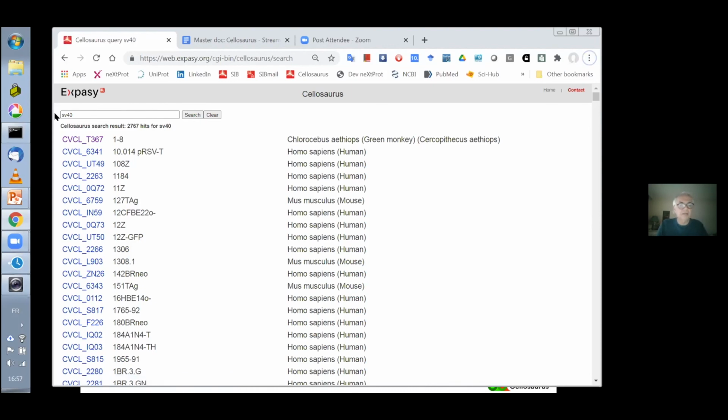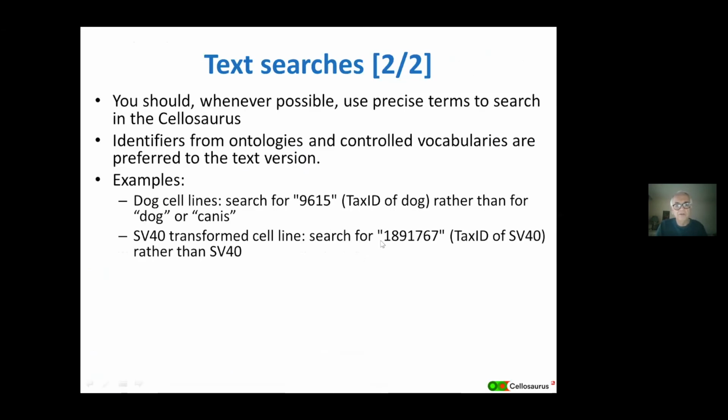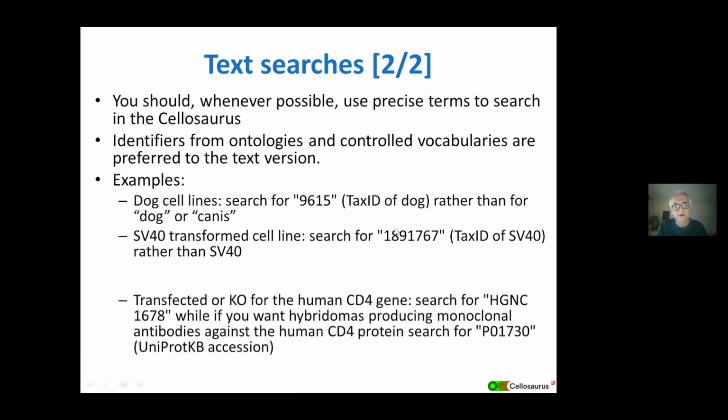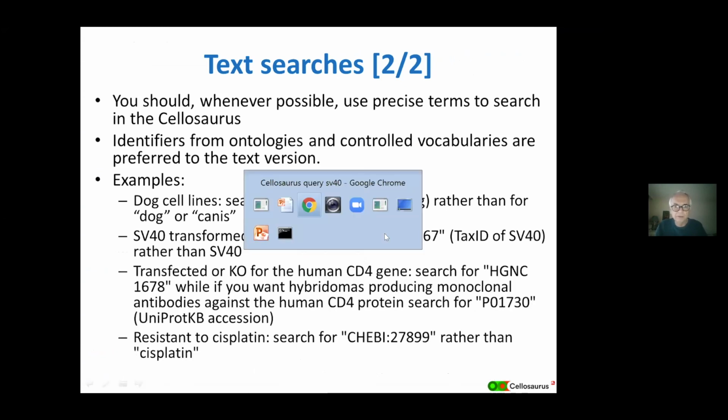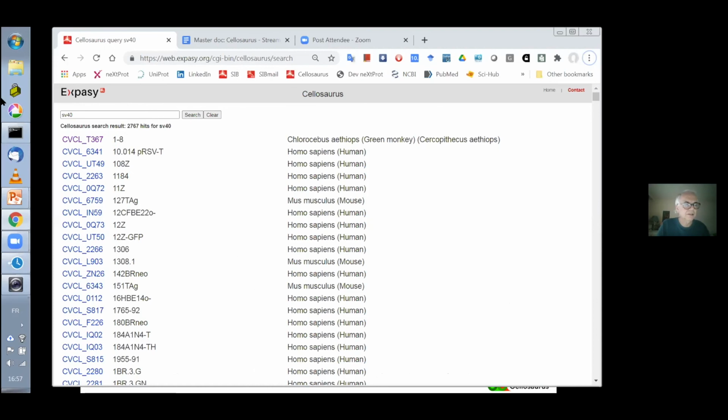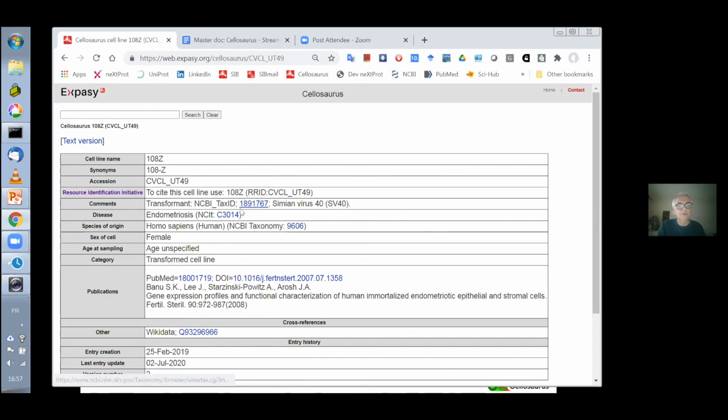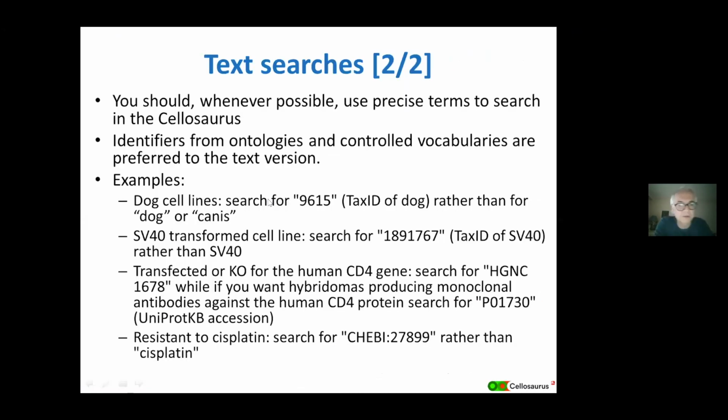Probably most of them are SV40 transformed, but if I look at the tax ID 1891767, I get fewer, 2,332 instead of 2,700. So 400 fewer cell lines, but those I'm sure are SV40 transformed, because they will have the tax ID of the simian virus 40. Okay, so that's obvious for most of you.